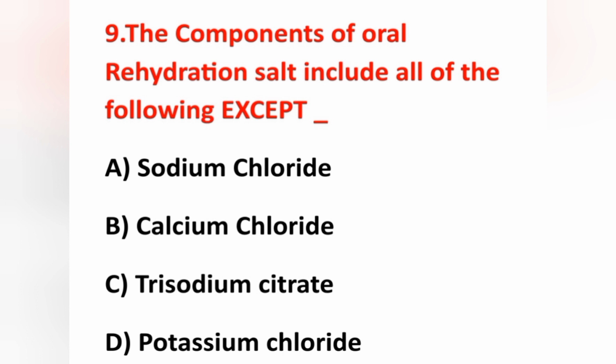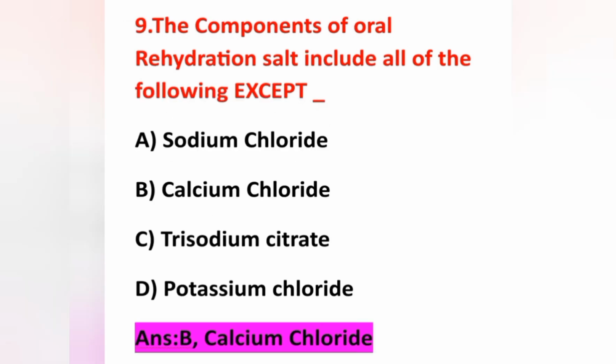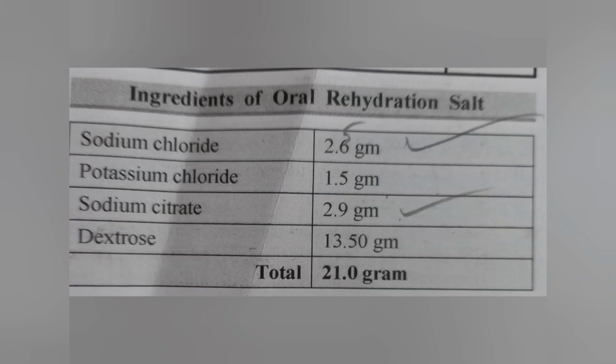Ninth question, the components of oral rehydration salt include all of the following except, and the options are option A, sodium chloride, option B, calcium chloride, option C, trisodium citrate, option D, potassium chloride. Your question is which one of the following is not included in ORS solution. Here the answer, option B, calcium chloride, is not included in ORS, oral rehydration salt.